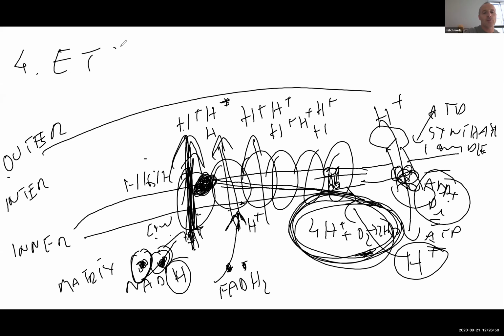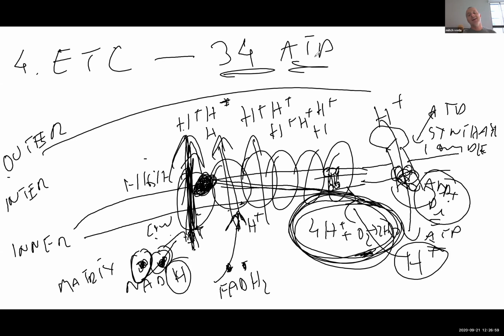Now, at the end of the electron transport chain, we produce 34 ATP from all the NADH and FADH that's available there. So far, let's see. In the first step, we produce 2 ATP and 2 NADH.